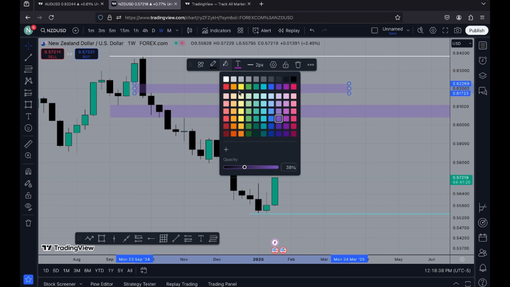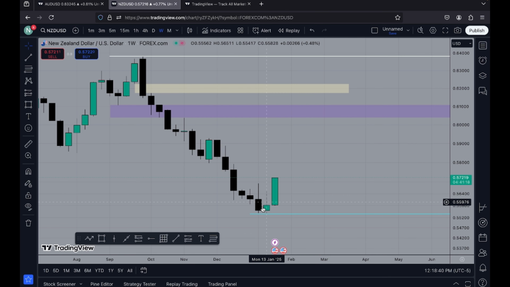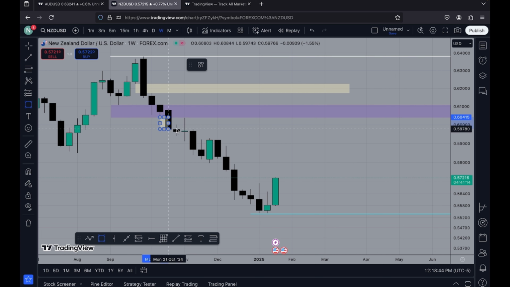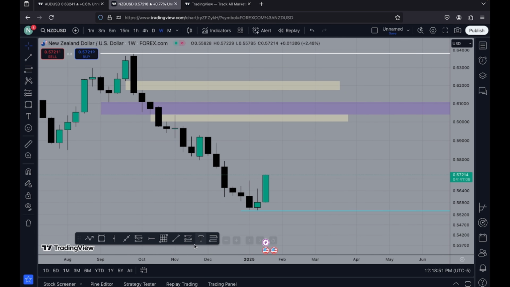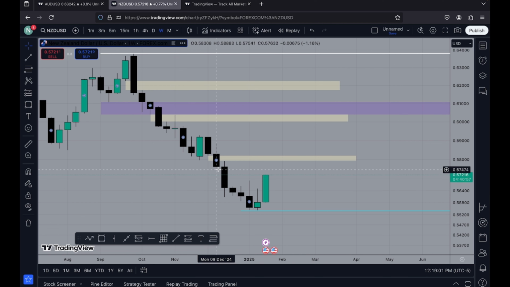I'm going to change the color to maybe yellow. Another one here on the weekly chart. There's no fair value gap here. There's another one right here, quite small, right? But we can still take note of that. And then another one is here.